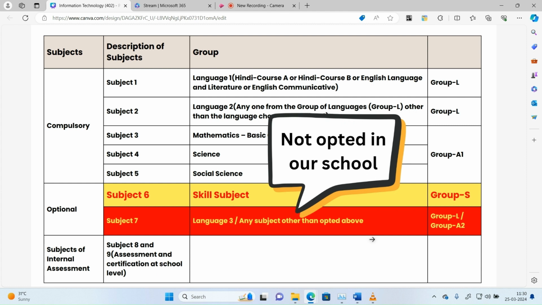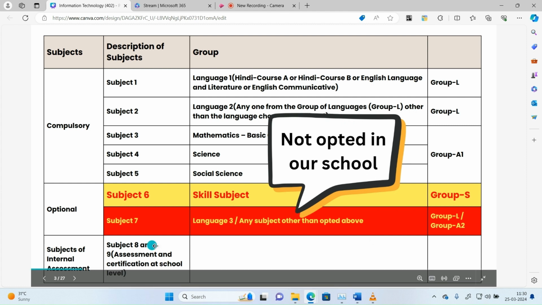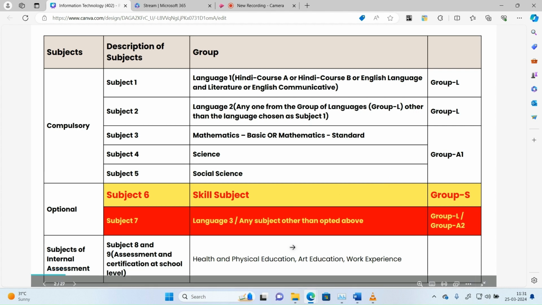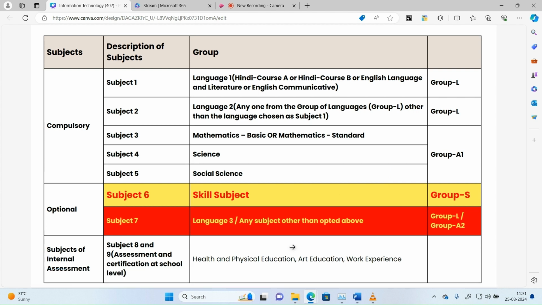Then you have subjects of internal assessment, that is subject 8 and 9, and basically it consists of health and physical education, art education, and work experience. Here, work experience is combined with art education only, and that makes subject 8 and subject 9.